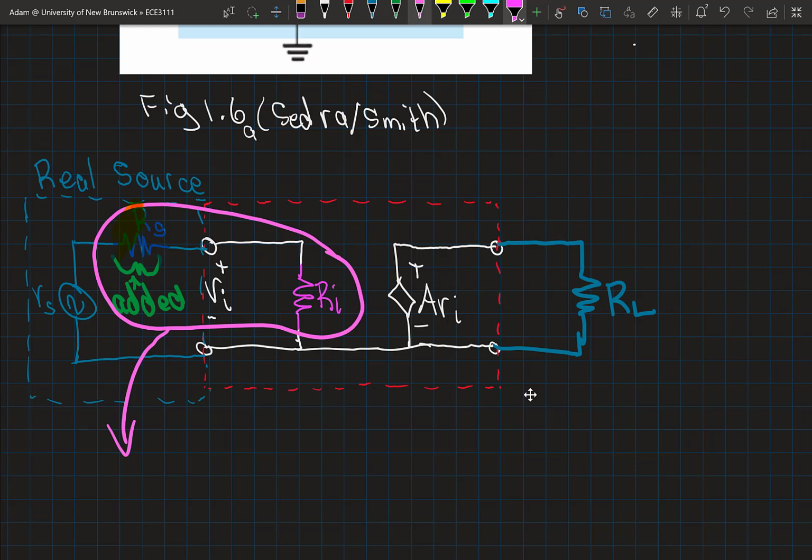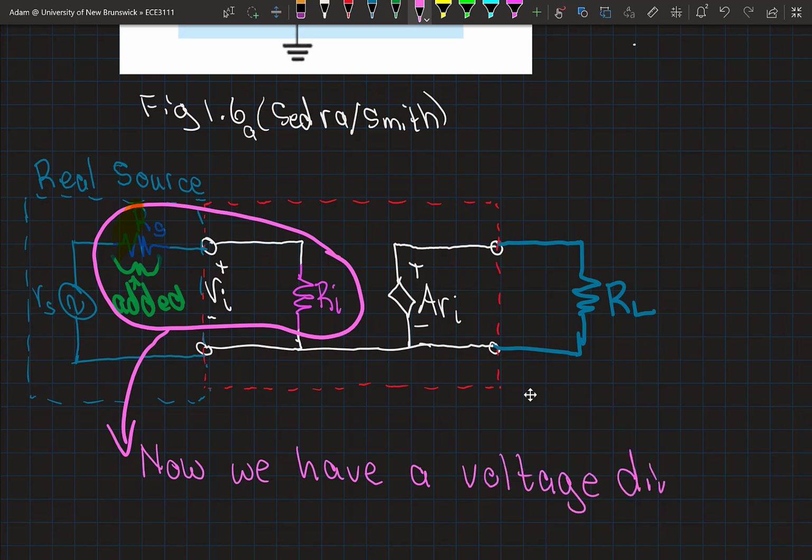Okay, so state there that we have a voltage divider at the input.